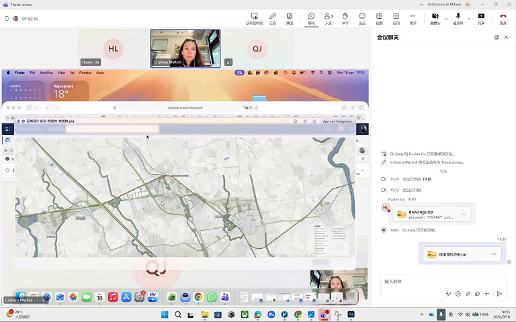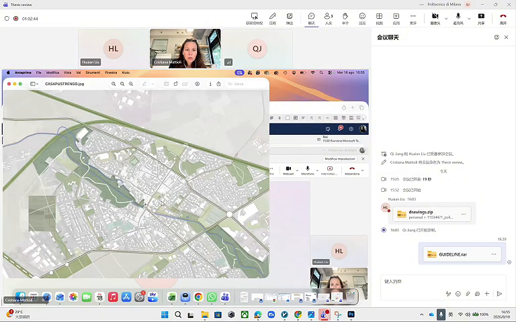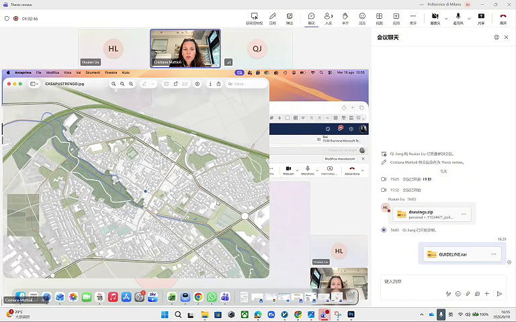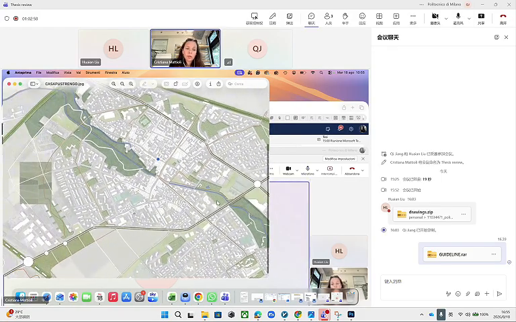Then moving to your next one. Okay, I think here more or less it's the same. Of course, here you need a more detailed representation of the master plan.